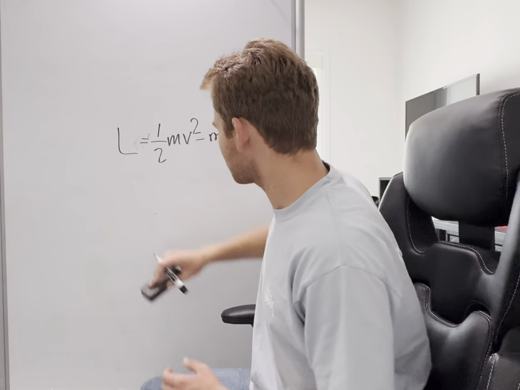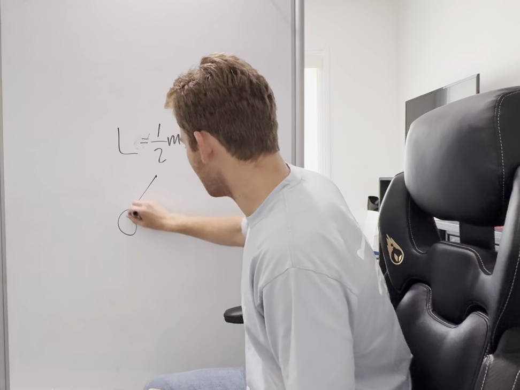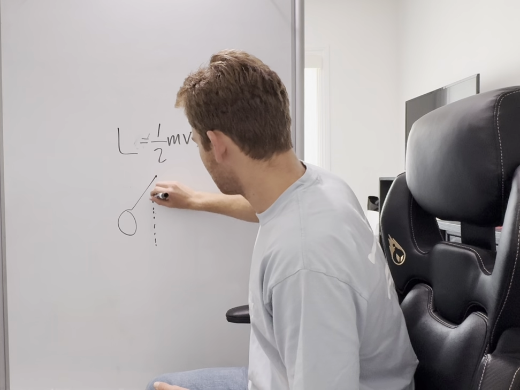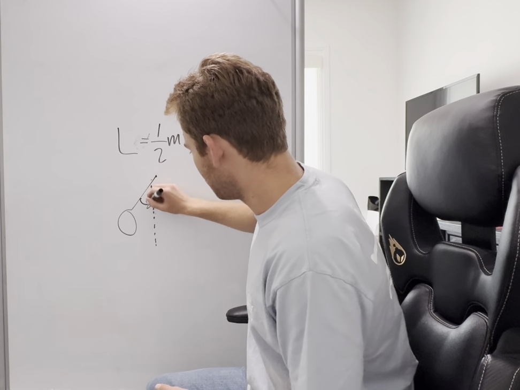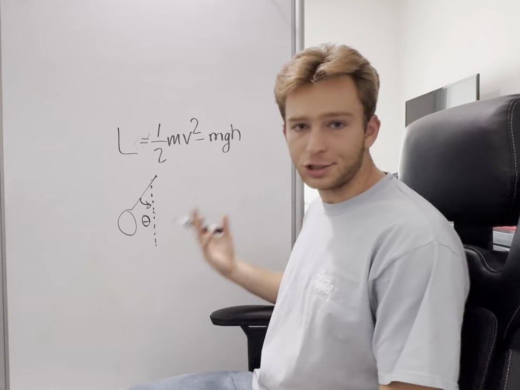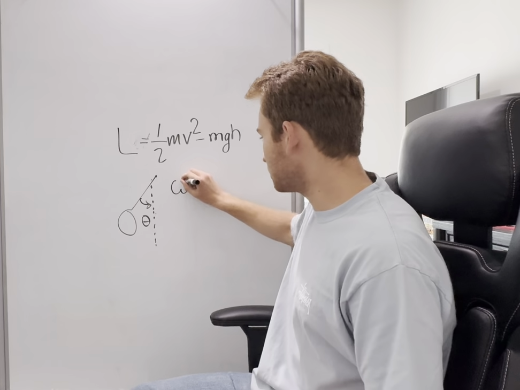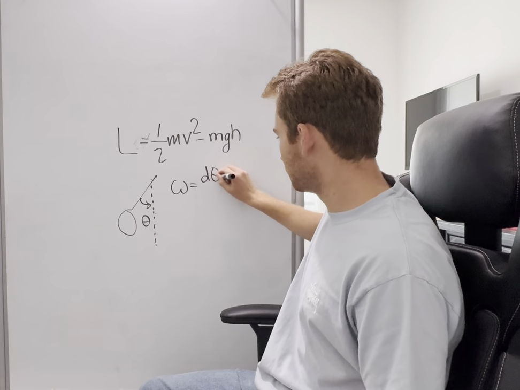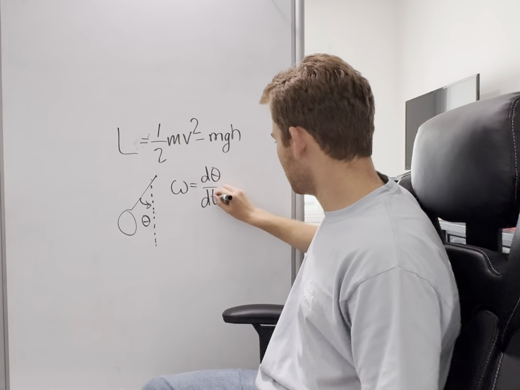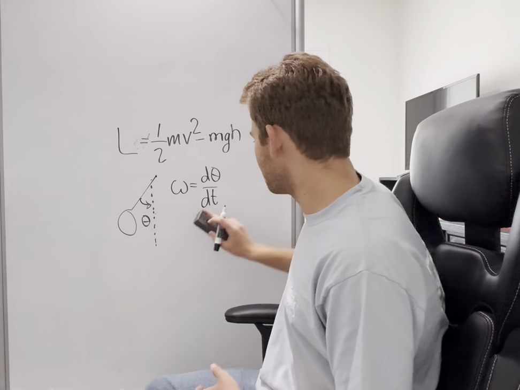Specifically, as this pendulum's angle is changing, it changes with some speed, and that's what omega is. It's the time derivative of that angle theta. Anyways, I'm going to make that substitution.